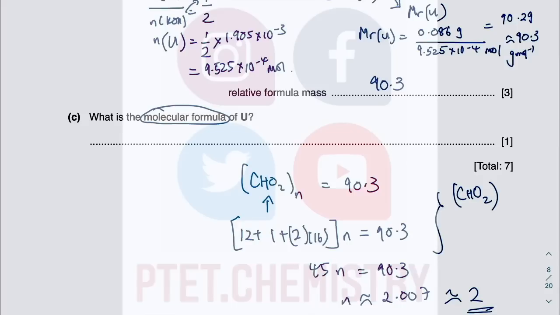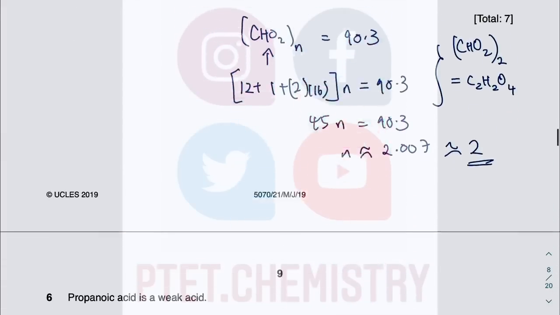But a molecular formula doesn't have a decimal because it's the actual number of atoms in one single molecule. That's the definition of molecular formula from your O level, which you should know anyway. Alright, so I just multiply 1 by 2, 1 by 2, 2 by 2.